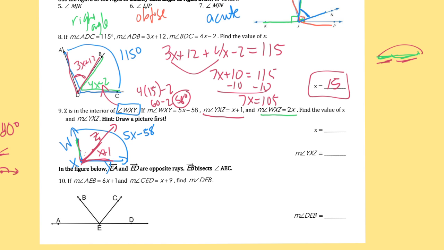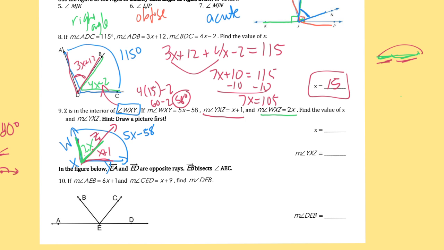Let's start at W, go to X, and then go to Z. That angle, within that C that they make, WXZ is going to be 2x. So you've got to hear that there's a big angle, then there's a point Z in it, and you can make a ray to be a bisector of the bigger angle, and then you label what you know. Try to read the letters, right?